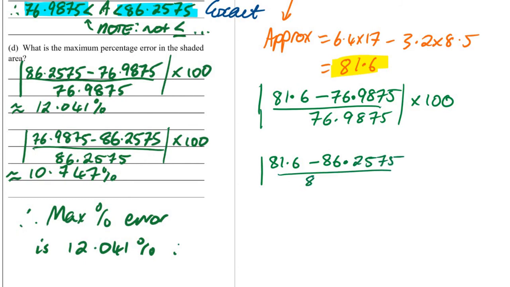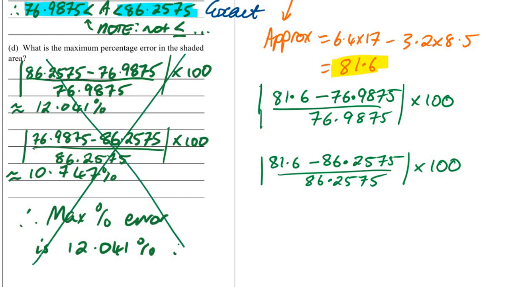Because what do those bounds mean? Those bounds mean what are the values between which the actual area lies. Okay, so this one I got wrong, and I will correct that and re-upload this solution.